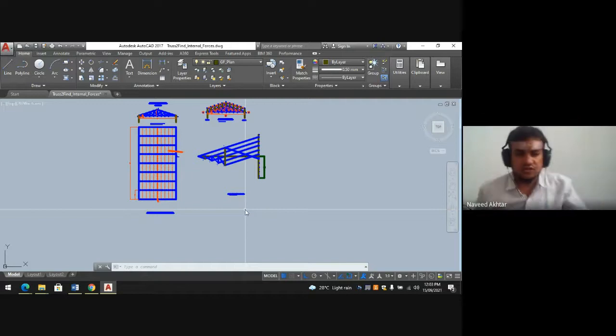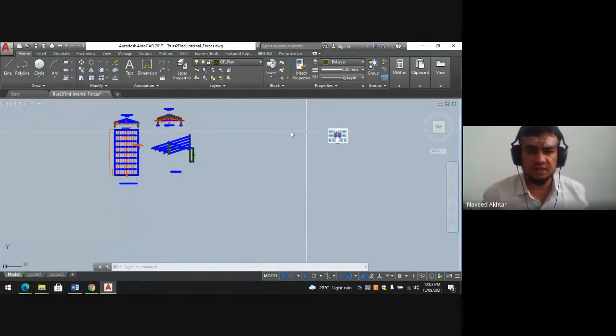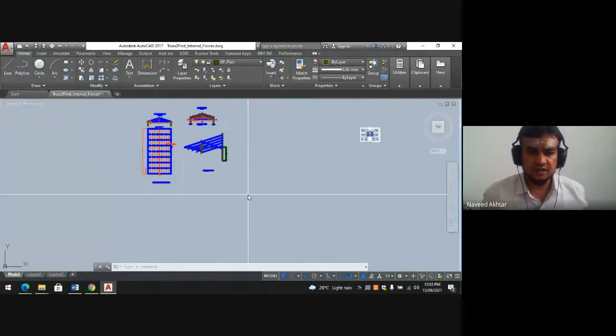We will make the force table and write down the forces of the members. I will draw the force table, or we can insert the force table from an Excel sheet. We can insert the table here.